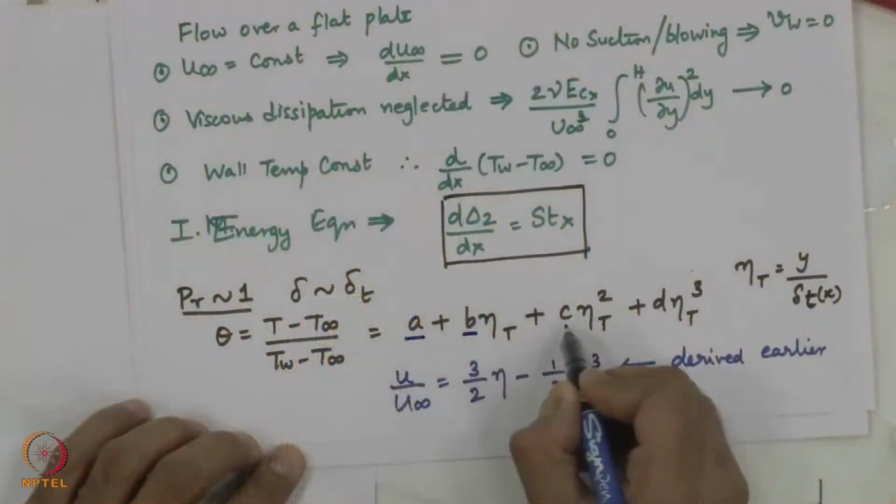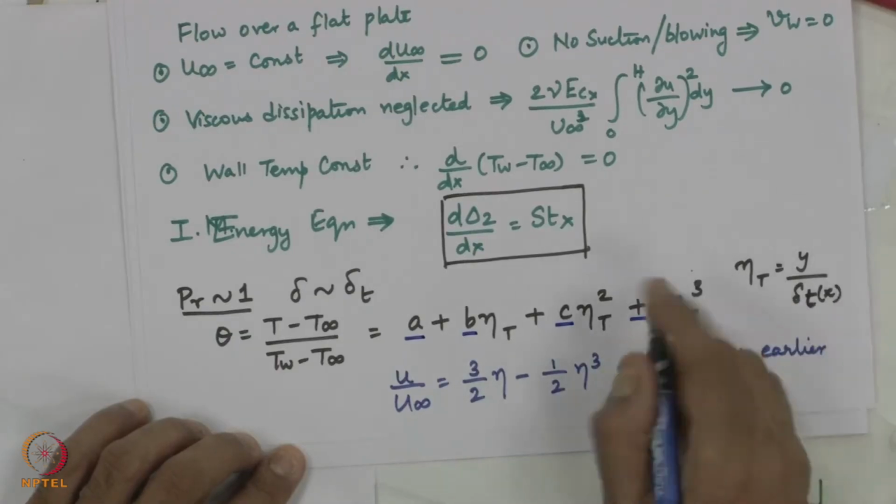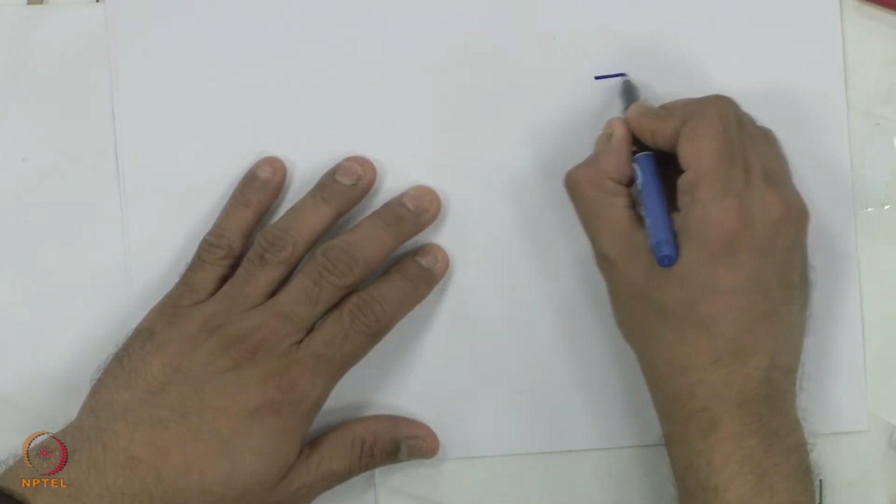So, this is my non-dimensional temperature distribution, and if this is the non-dimensional temperature profile, I need 4 boundary conditions to evaluate the 4 coefficients A, B, C and D. So, what are the boundary conditions? Let us now consider the following.